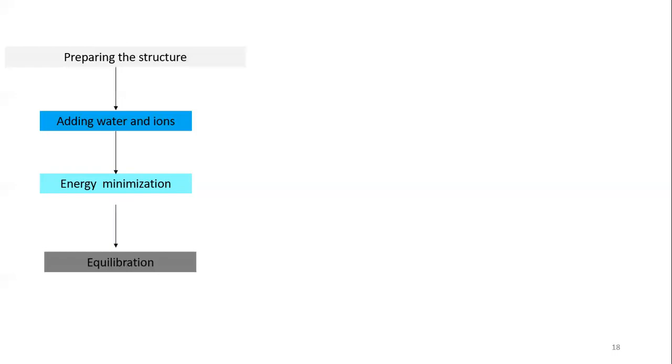Okay, and then we need to equilibrate the system. That means the pressure should be constant and the density should be okay. We check the density, we check the temperature, we check the pressure. After checking all these steps and finding that everything is okay, it creates the files for us to allow us to start the production run.